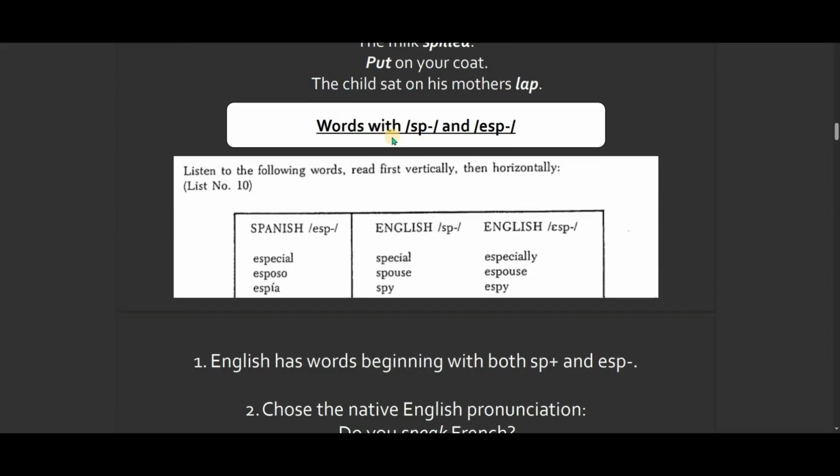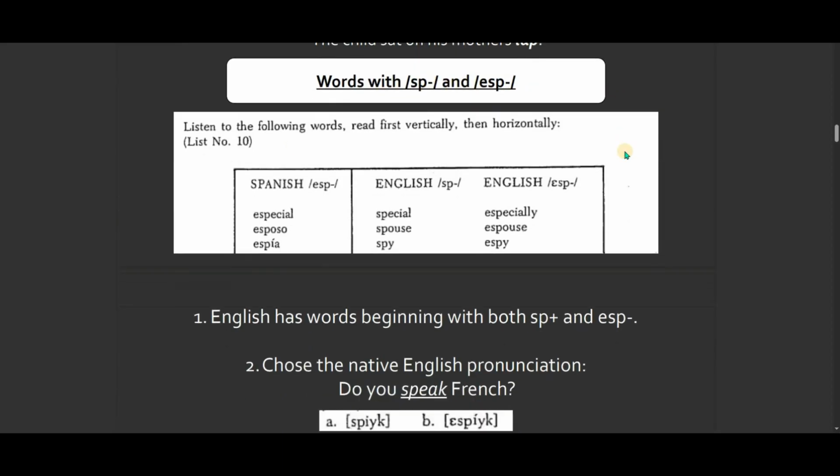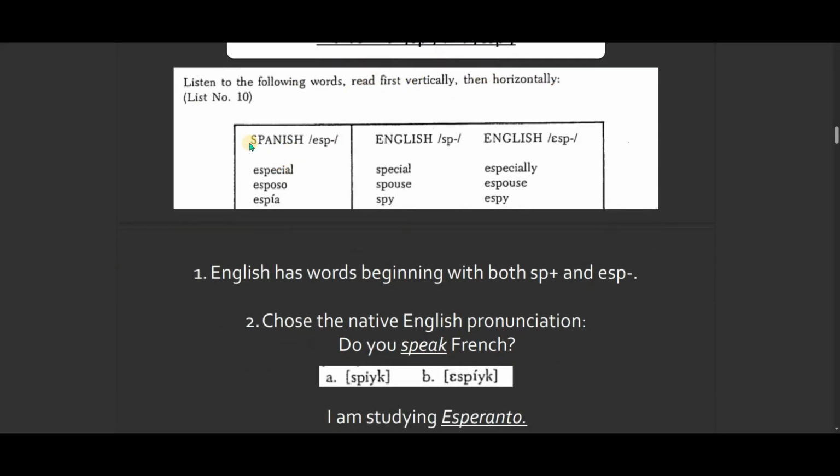Okay, so words with SP and ESP. Listen to the following words. Read first vertically and then horizontally. So for example, Spanish ESP: especial, esposo, espía. We know that in Spanish the P sound will always be unaspirated, right?